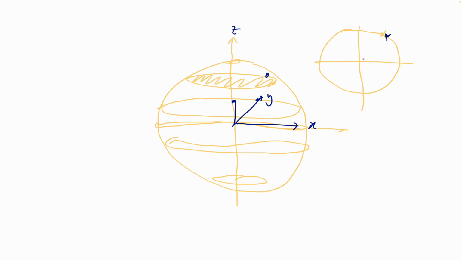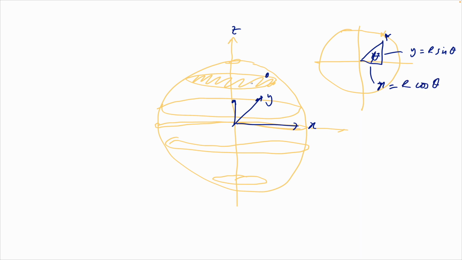So this x and y could be just what we did before. We can say phi, so that y equals r sine theta and x equals r cos theta. That's just what we did before.